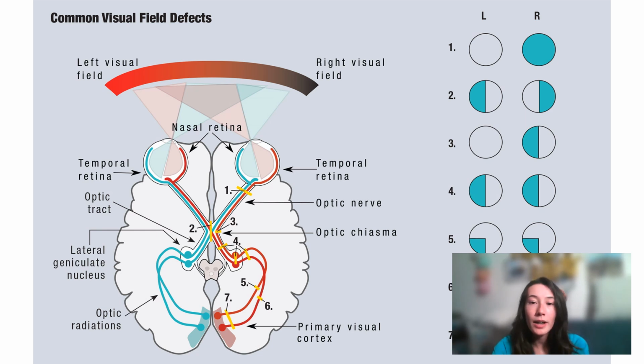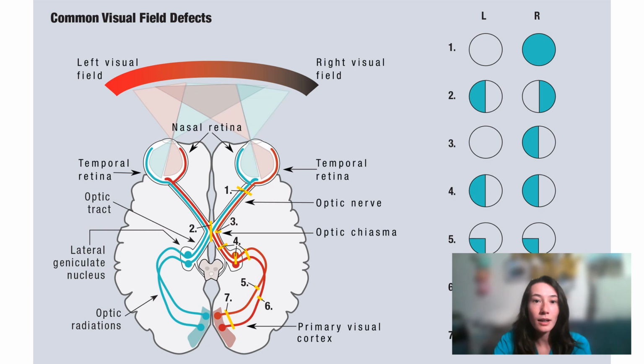Obviously, we do not see in blue and red. So the left side of each eye, which receives information from the right side, will go into the left side of our brain. The right side of each eye, which receives information from the left visual field, will enter the optic chiasm and all cross over so that they can give information to the right side of the brain.